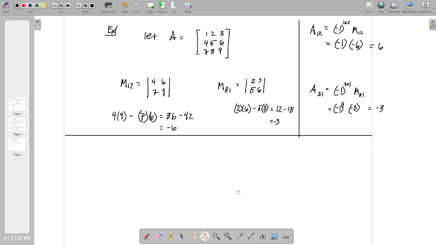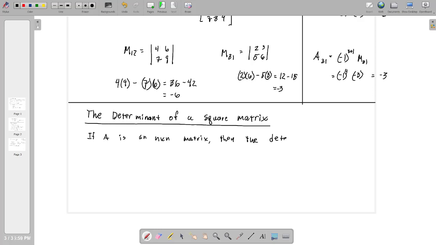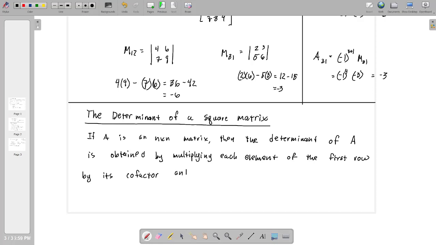All right, we're finally ready to take the determinant of a square matrix. If A is an n by n matrix, then the determinant of A is obtained by multiplying each element of the first row by its cofactor and adding the results. Symbolically, it is as follows.